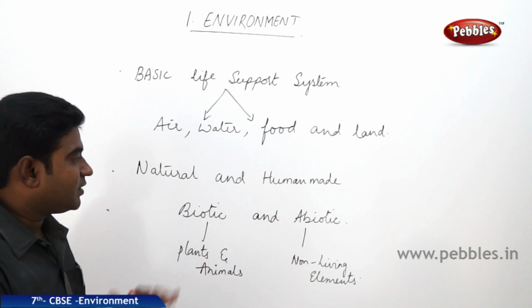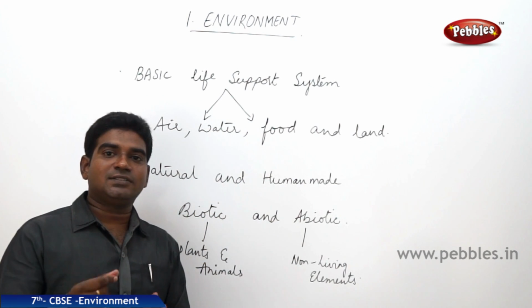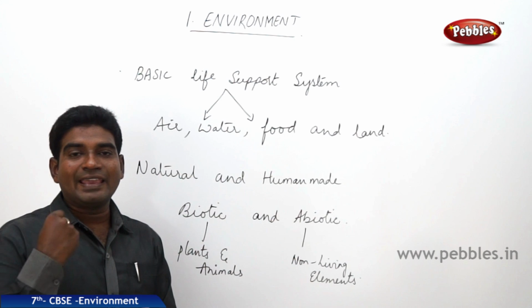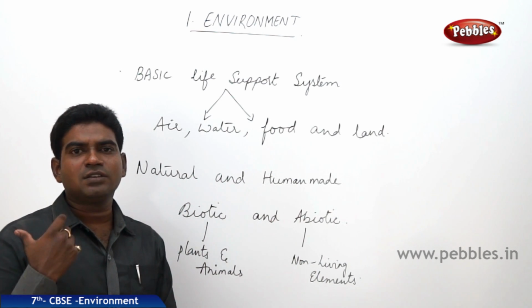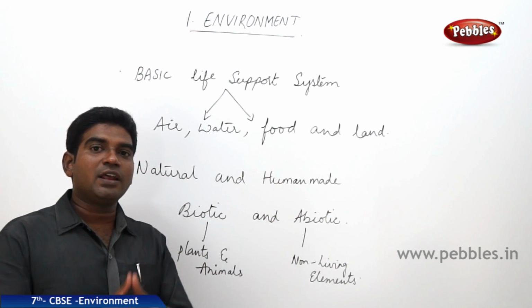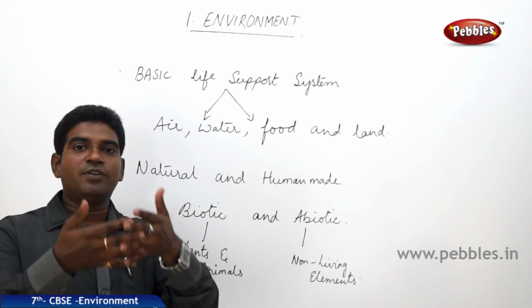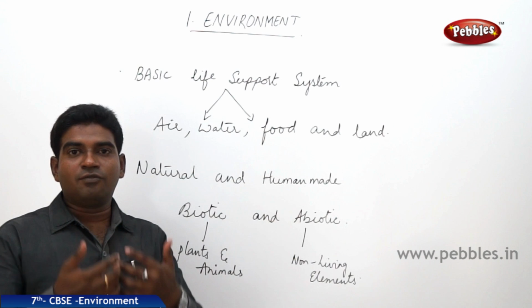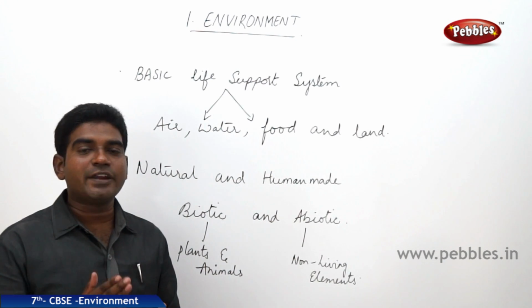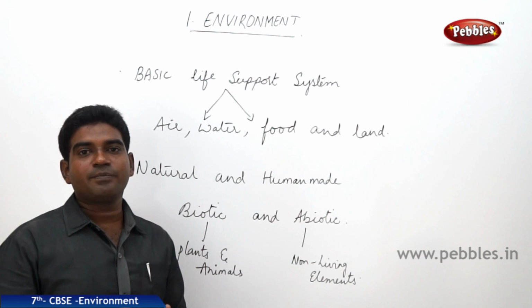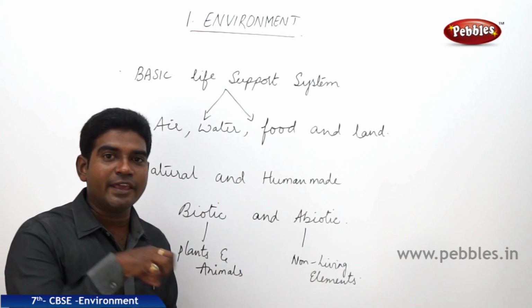Coming to the human made things, whatever things, road, infrastructure, industries, cars, vehicles, all these things come under human made things for our convenience, for our most luxurious lifestyles. We started to discover new things from the things which are available from nature.